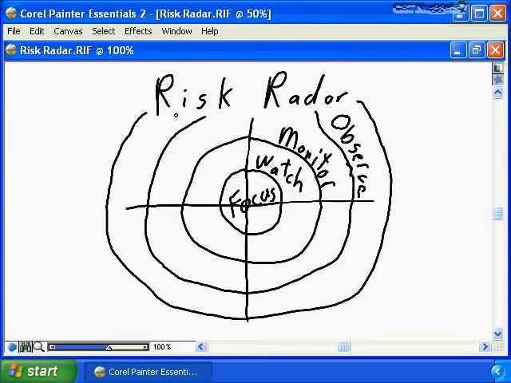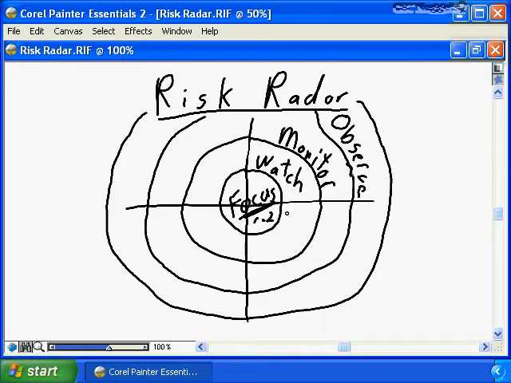The principle that we just talked about, of closely monitoring risks that are near in the timeline and observing risks that are further out, I like to refer to as my risk radar. We need to focus on those risk events that are in the near future, the immediate, the 1 to 2 weeks. We need to watch the risk events that are further out on our timeline, the 2 to 4 weeks.